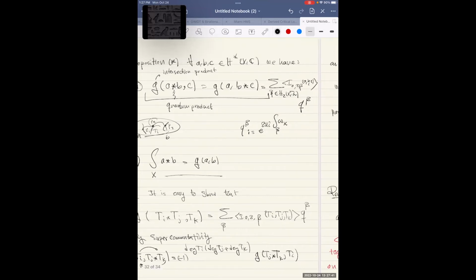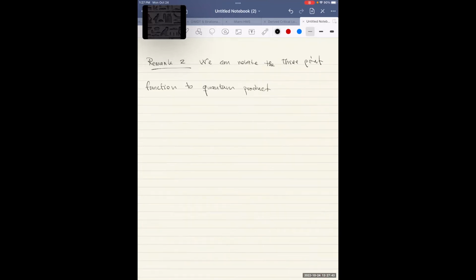The 3-point function: if you give me 3 cycles, the 3-point function was the Gromov-Witten invariant made of 3 cycles, and it was defined as a sum of Gromov-Witten classes of curves passing through the 3 cycles, coupled with the coefficient that keeps track of the curve class.